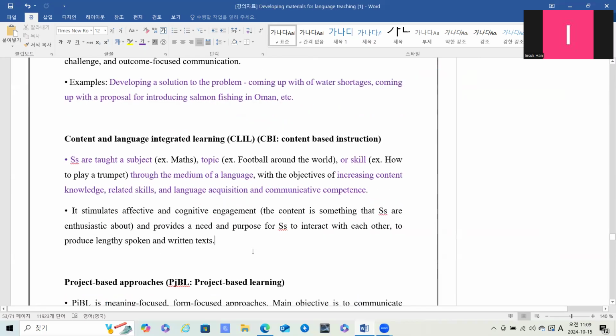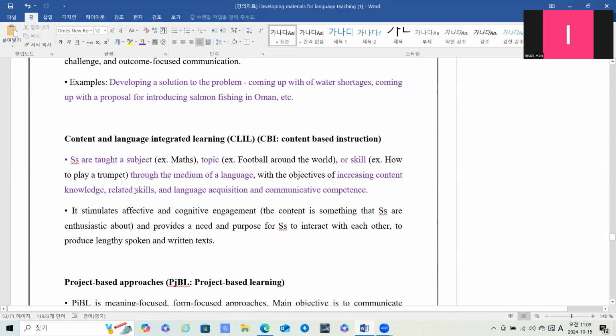The next one is CBI or CBL, Content and Language Integrated Learning. It can be called CLIL or CBI, content-based instruction. Students are taught a subject, topic, or skill through the medium of a language. So the teacher aims to teach the students the content and the language simultaneously.